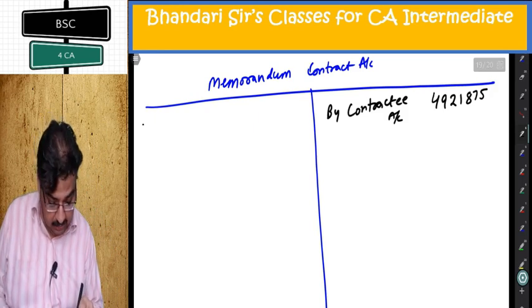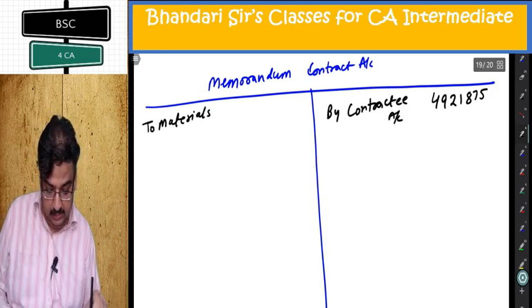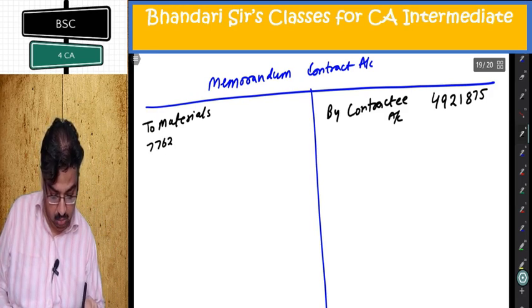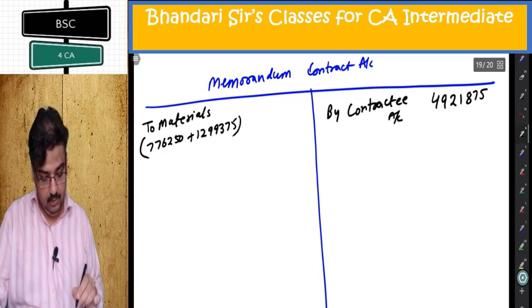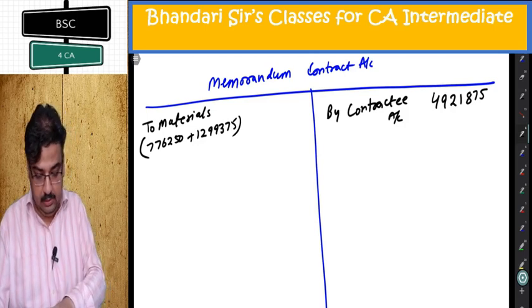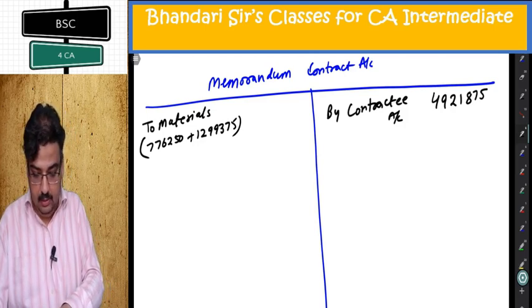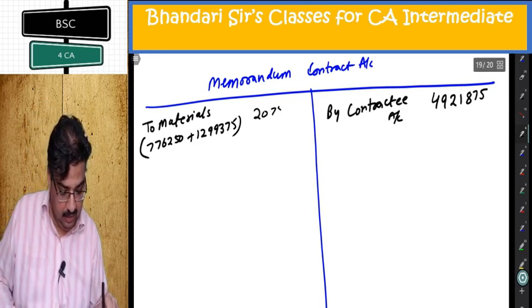I reach materials. Two materials: 776,250 plus 1299375. 776,250 plus 1299375. I'm getting 20,75,625.